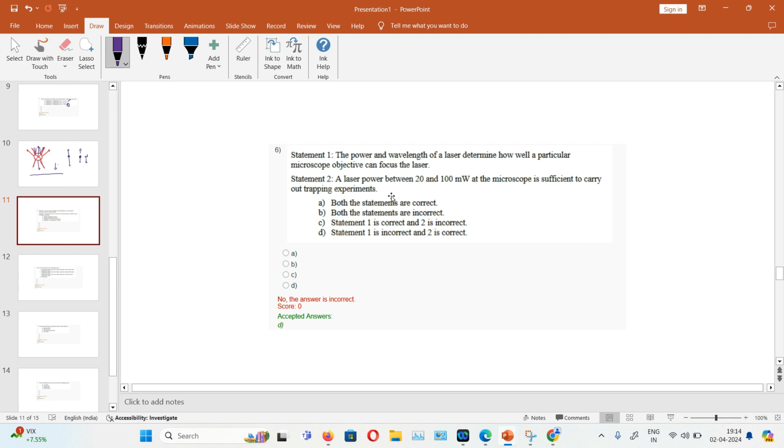So this statement is correct. Statement 1 is incorrect and statement 2 is correct, so option D is going to be the right answer.